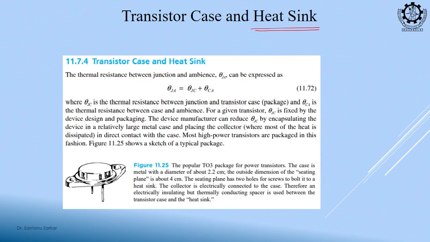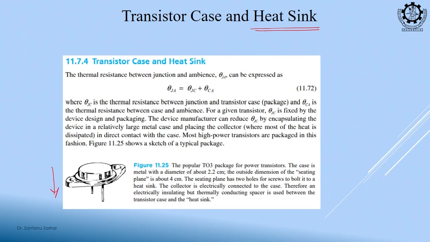So, we need some kind of cooler. Okay. If you see a power amplifier or power BJT or power MOSFET, you will see that their casing is different. Normal plastic package, and these ICs, apart from the package, are put in another case, and the collector junction is connected to this metal case, so that the junction can be quickly cooled off.